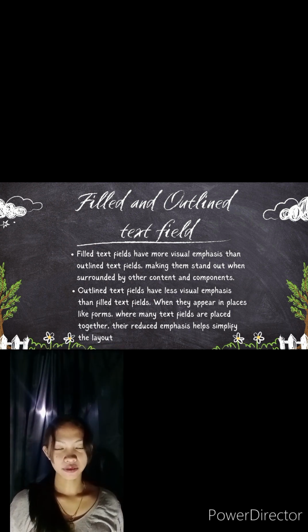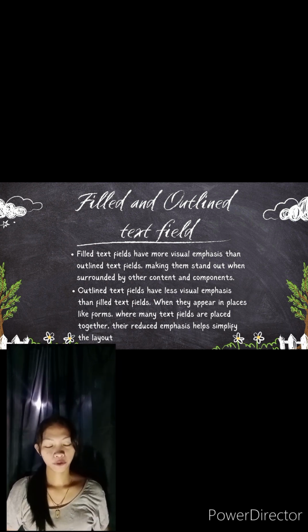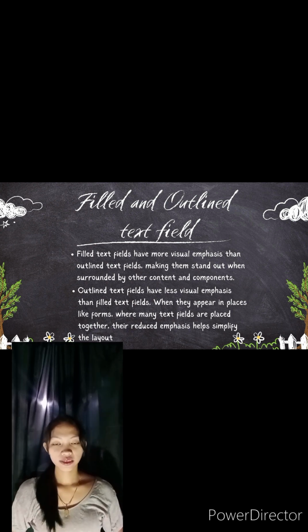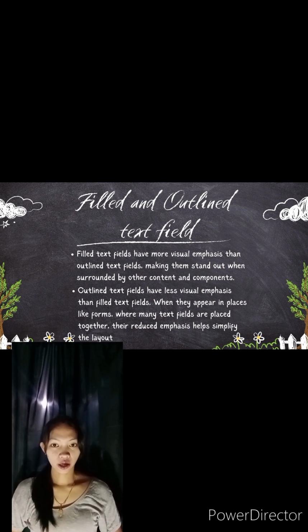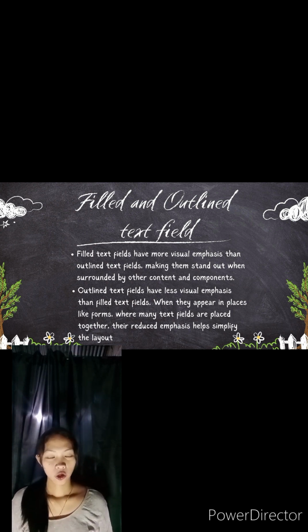Outline text fields have less visual emphasis than filled text fields. When they appear in places like forms where many text fields are placed together, they reduce emphasis and help simplify the layout. So when we say outline text field, it has less emphasis than filled text fields.